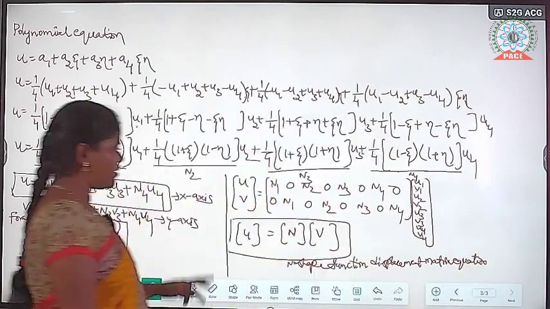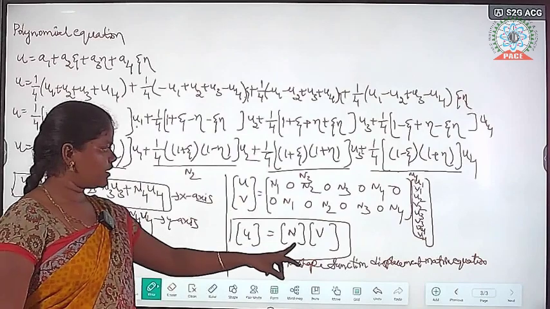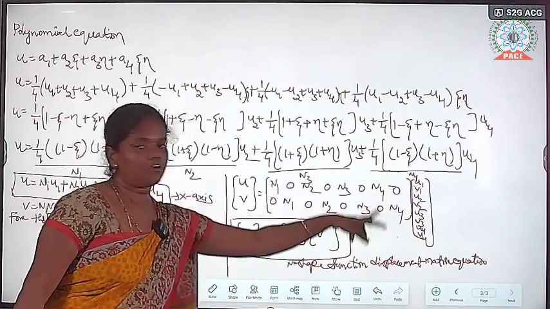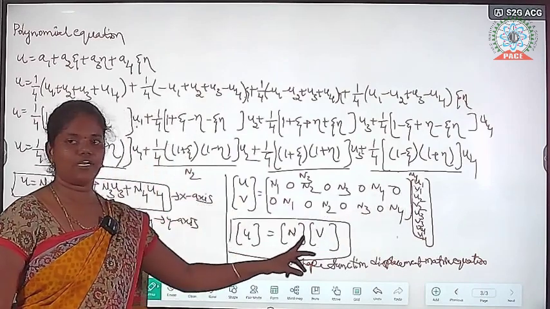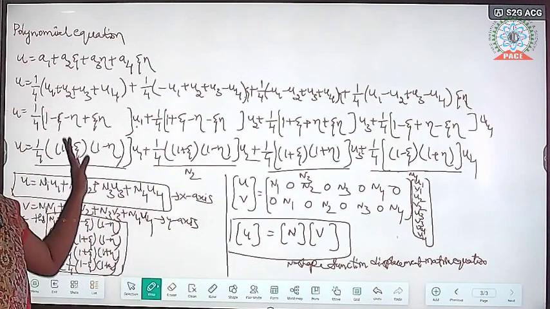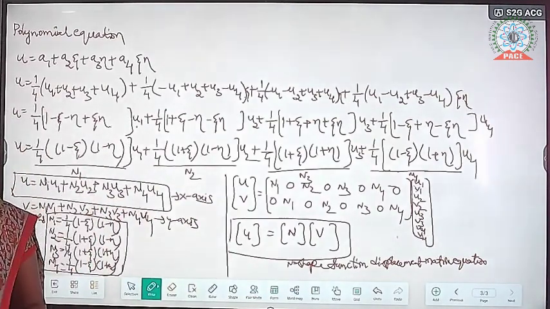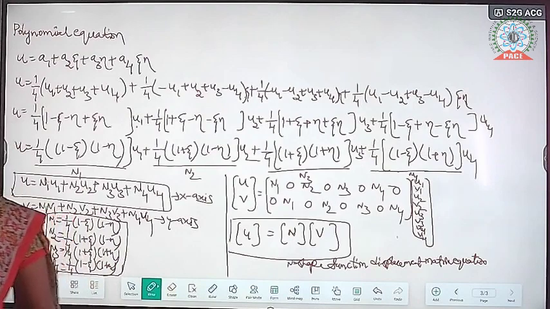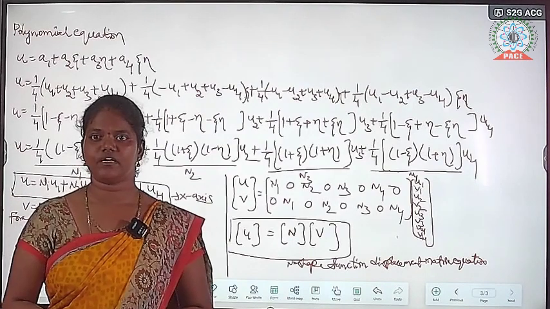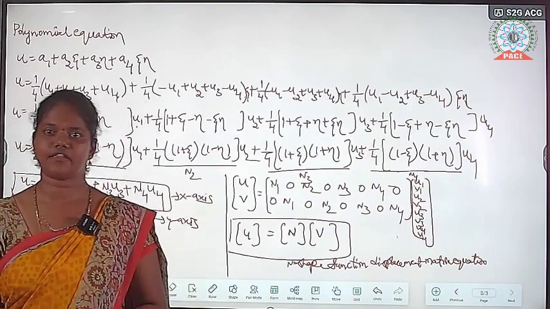So finally we get U is equal to N into V. This is the shape function derivation for the 4-noded quadrilateral element. Thank you. Later we will discuss another topic in another section.